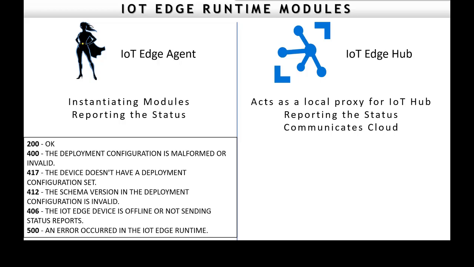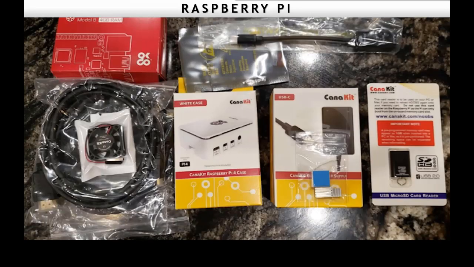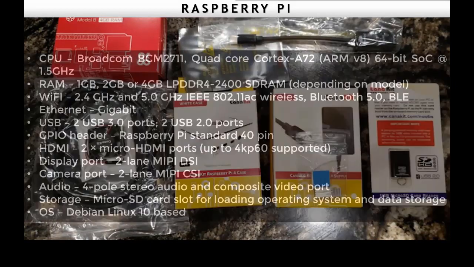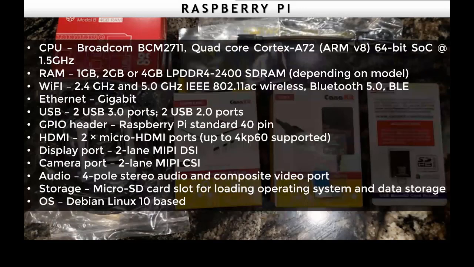So let me actually move to my Raspberry Pi. When I bought my Raspberry Pi, I think it was maybe 2 years ago, and that's what it came with. And it's pretty amazing what it can really do. So here are the features. It has a CPU. Mine was 4 gig RAM.